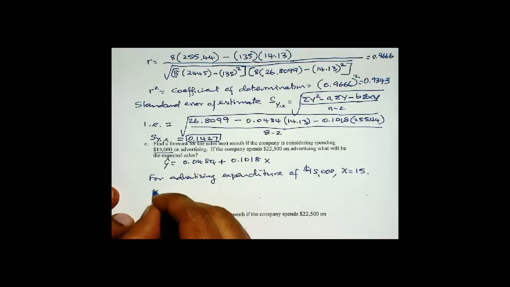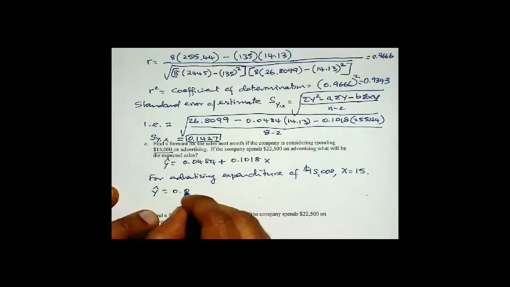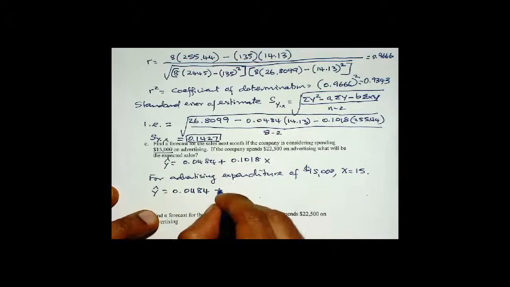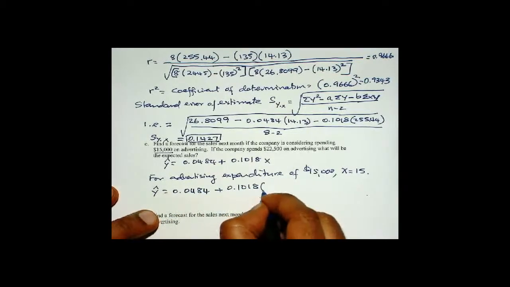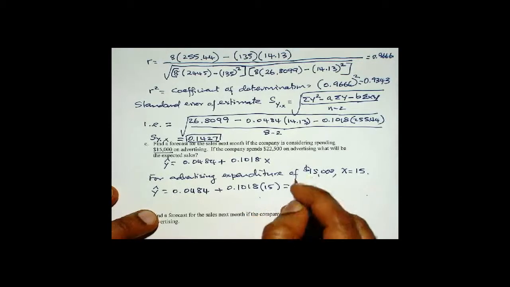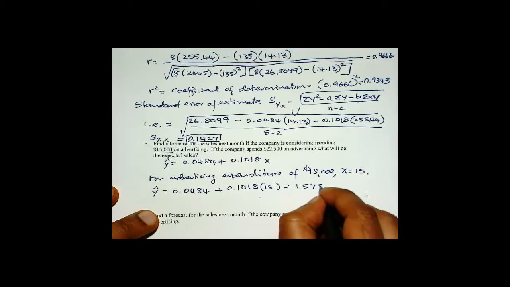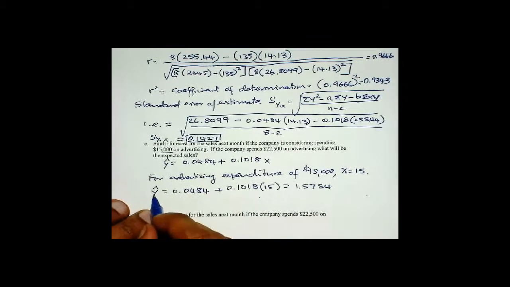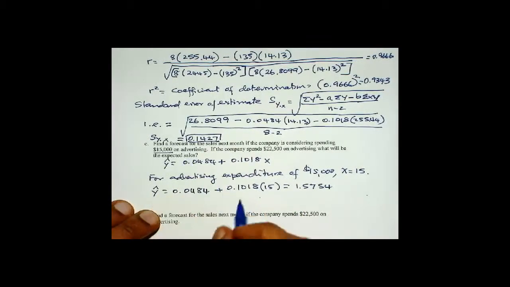So then y hat is 0.0484 plus 0.1018 times 15. So that will give us 1.5754. That's y hat, but we want the expected sales.